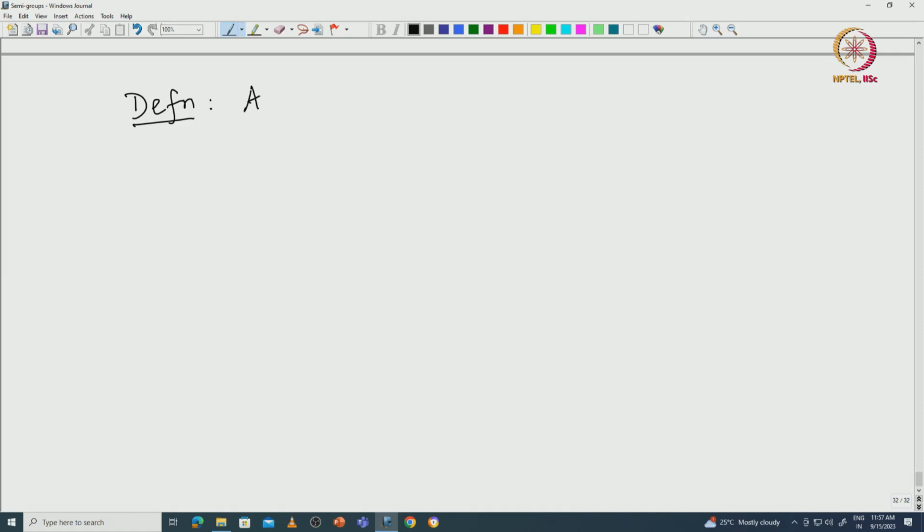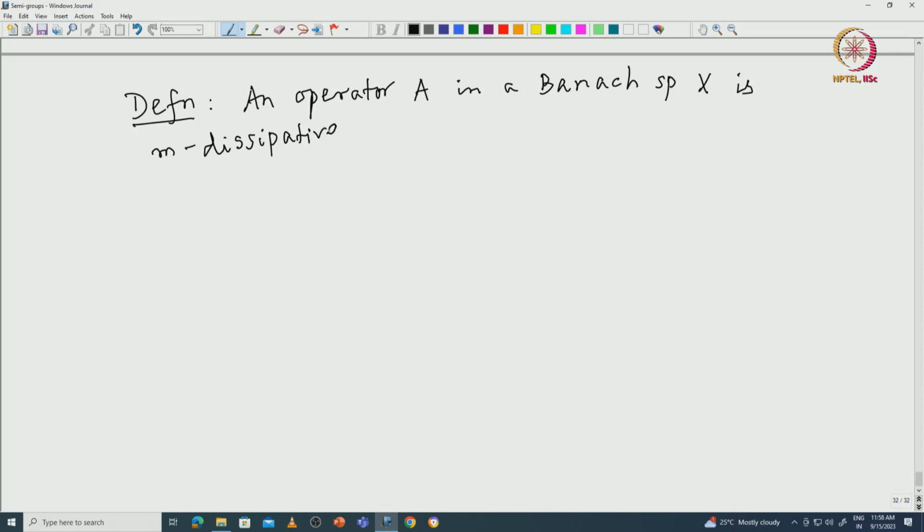An operator A in a Banach space X is m-dissipative, m for maximal.